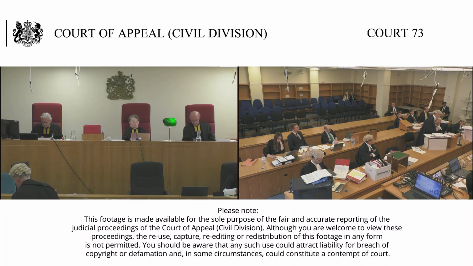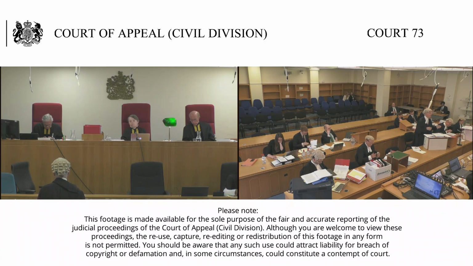Yes, CPR 19.6 gives the court a wide discretion precisely to deal with that sort of case. There's bound to be cases of representative actions where it transpires that for whatever reason some member of the represented class is not really properly a member of that class.